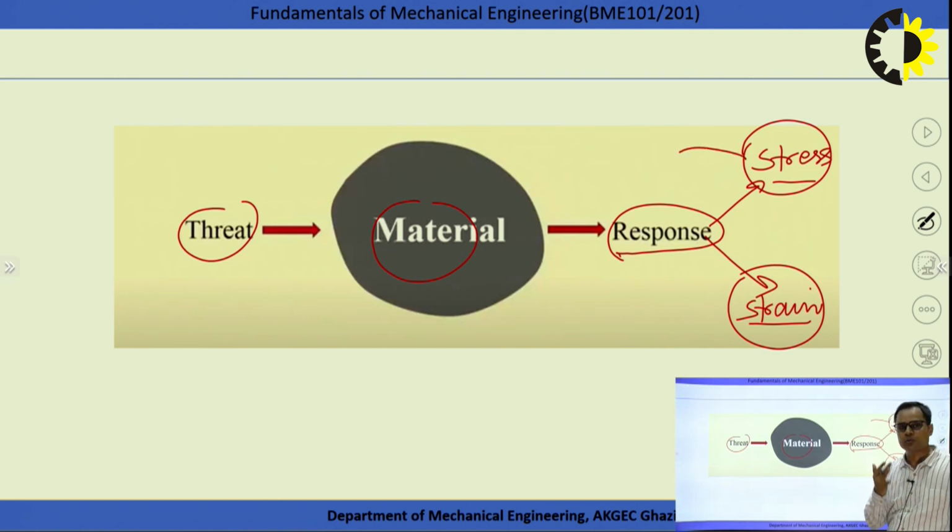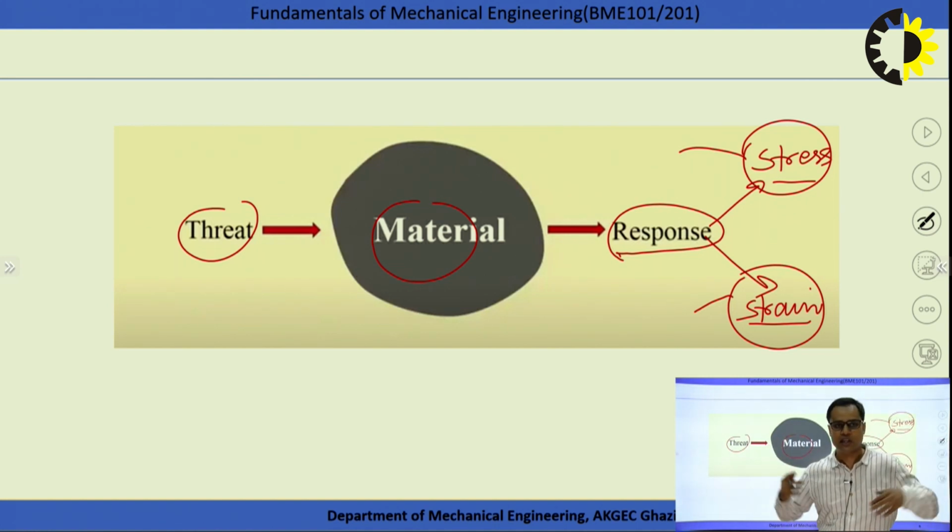Stress can be experienced by the material, it cannot be visualized by the other person, but strain can be visualized or measured. So it is very important to understand the response of a material, and we can correlate it with the human body also.